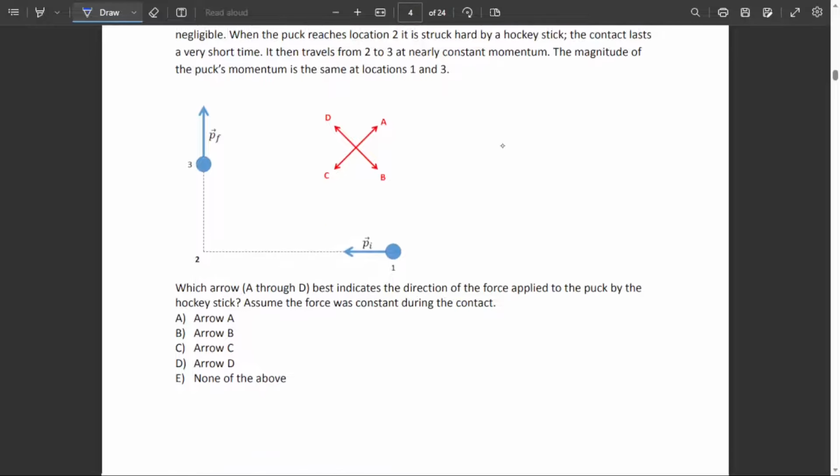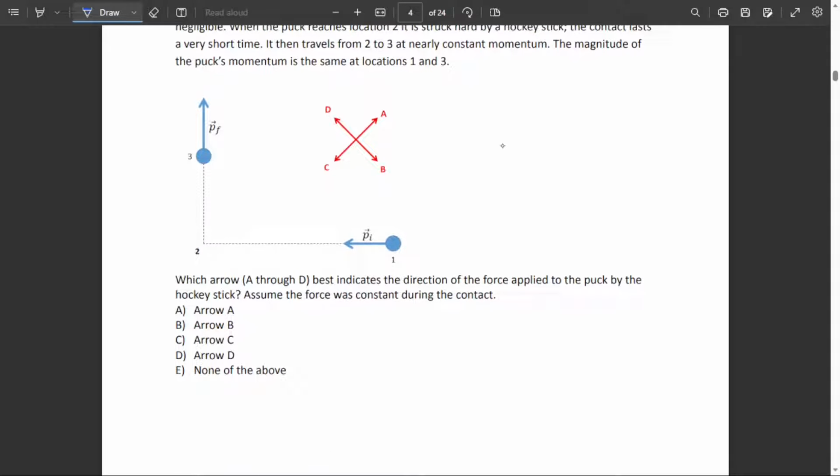So, let's start with this problem. We're given a diagram which shows the momentum of the hockey puck before and after the collision. Momentum is equal to mass times velocity, so the momentum is in the same direction as velocity. This also shows the final velocity and the initial velocity.